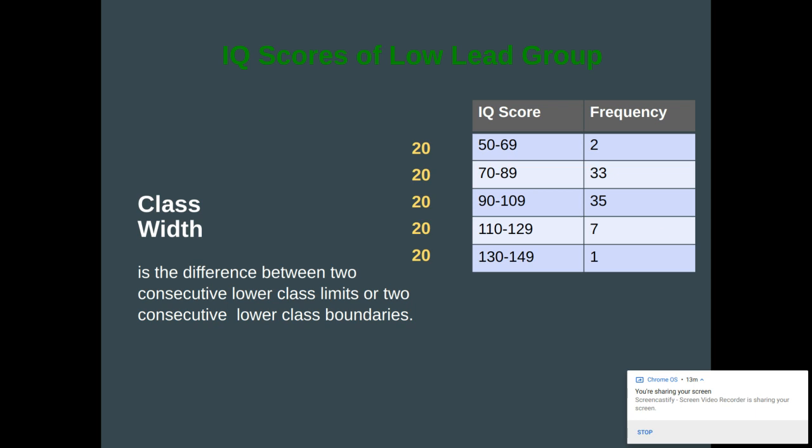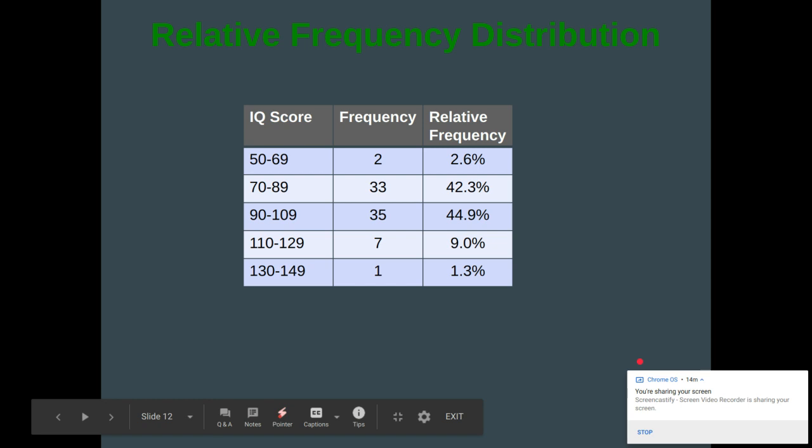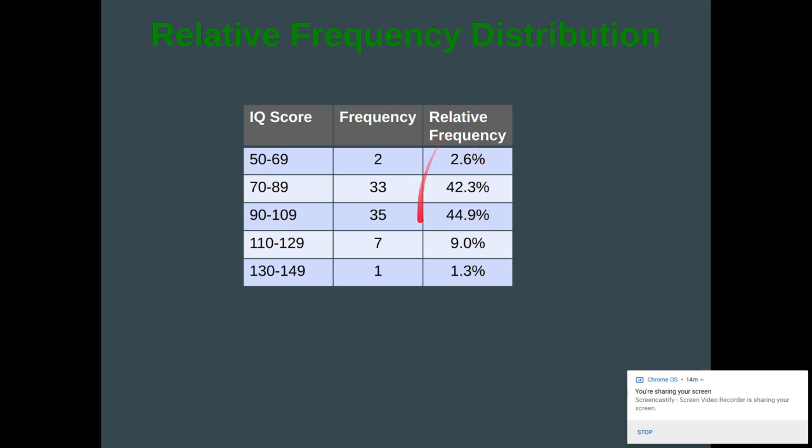And when we take 33 divided by that total, we get 0.423, okay? And that gives us our relative frequency. If we want to make that a percentage, you simply multiply that by 100%, okay? And we can see here that we just tack on another column to the frequency distribution, and we get this relative frequency distribution, or this relative frequency table.